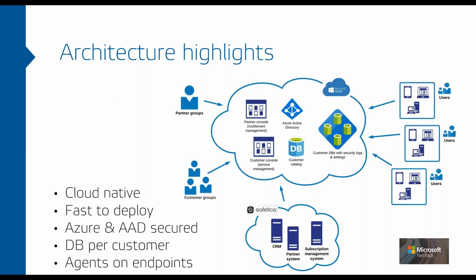And the only thing you deploy at the customer is the part on the diagram on the right-hand side, basically the little client which we need to install on the stations you want to secure, and that's pretty much everything.